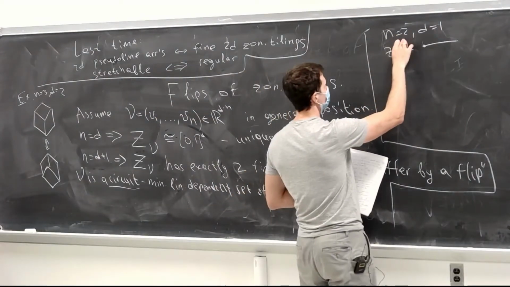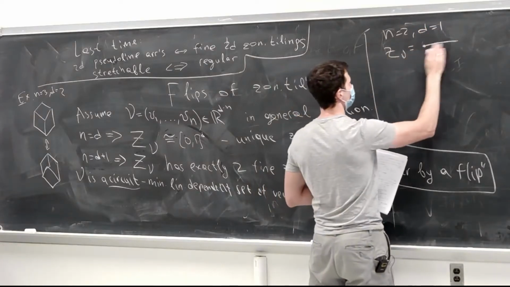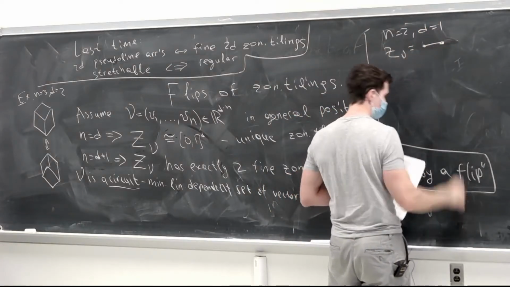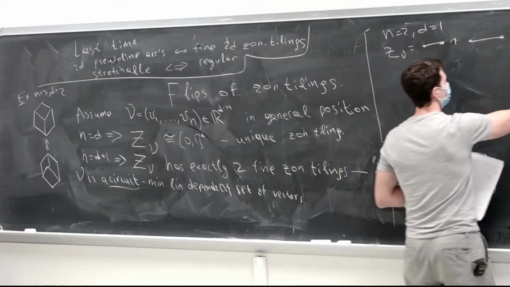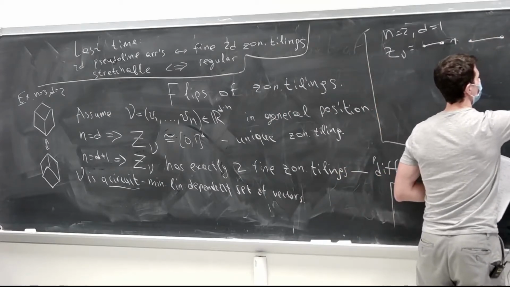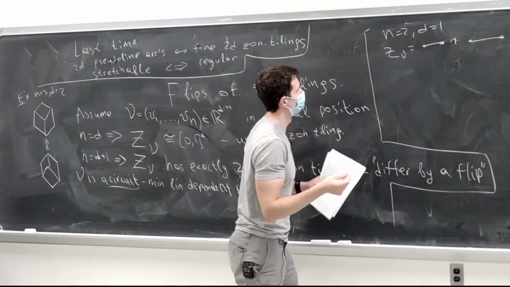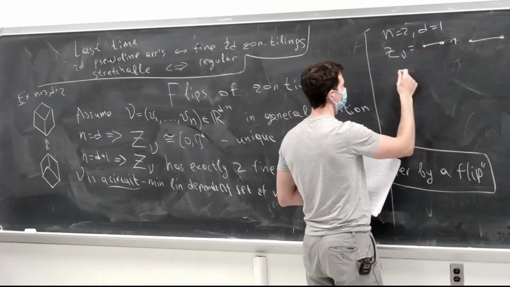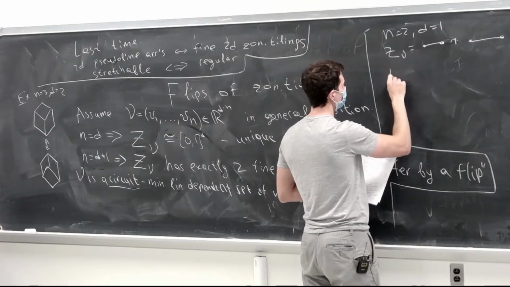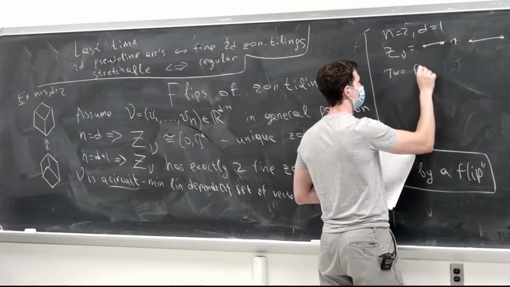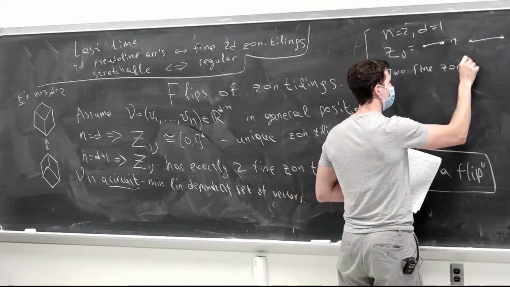It's a sum of two line segments in R^1. I have one line segment, and I have another longer one, and then I get a very long line segment with an extra point. So there are two fine zonotopal tilings.